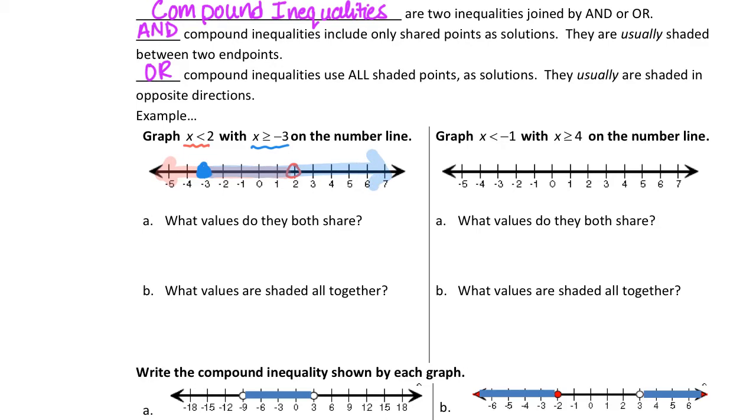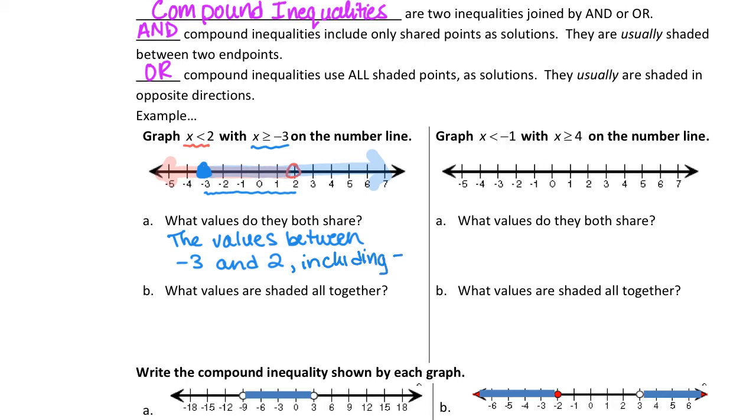So what values do they both share? You can see right here between -3 and 2, the two shaded parts overlapped. Since the -3 is filled in, I'm going to put including -3. So it doesn't include 2, but it does include -3.